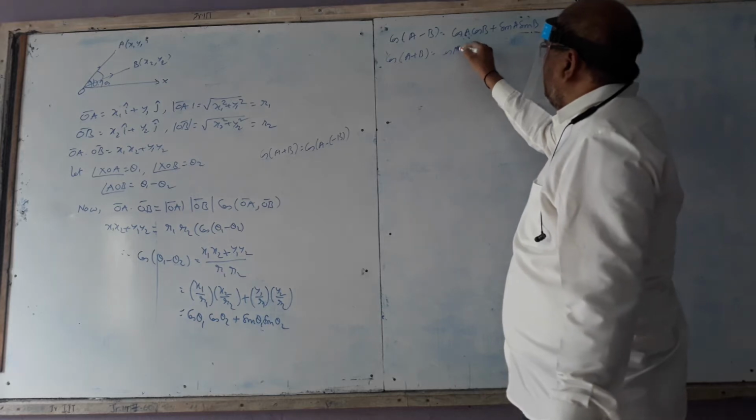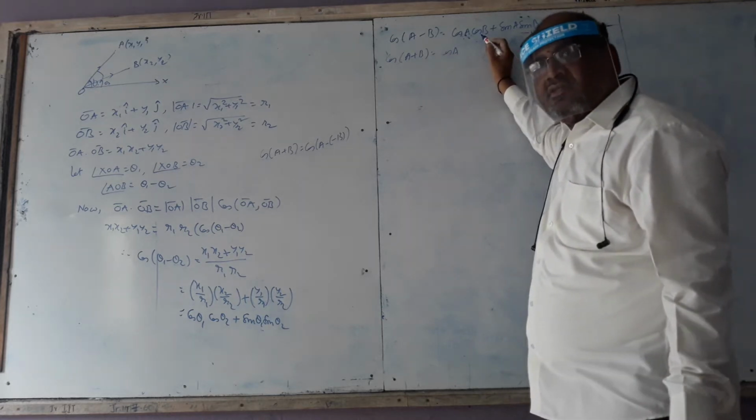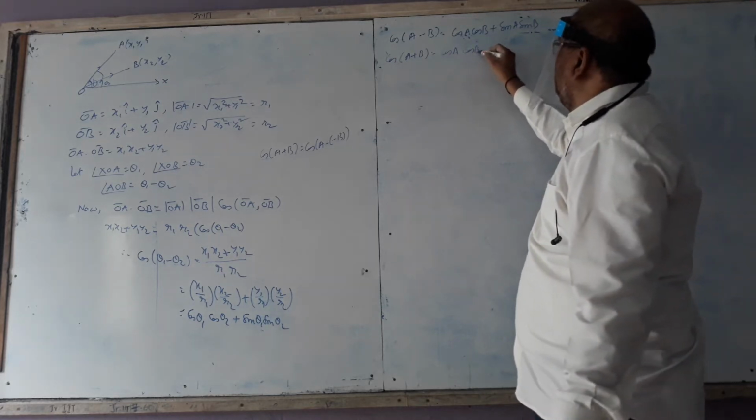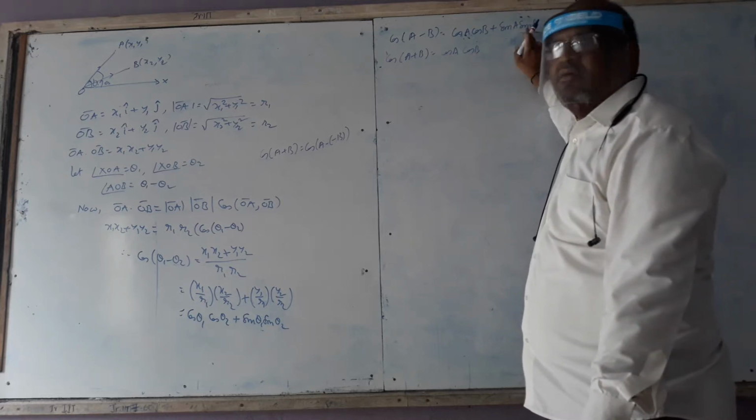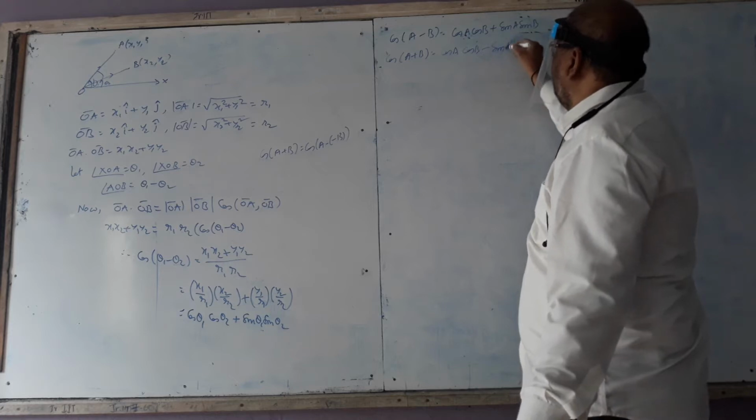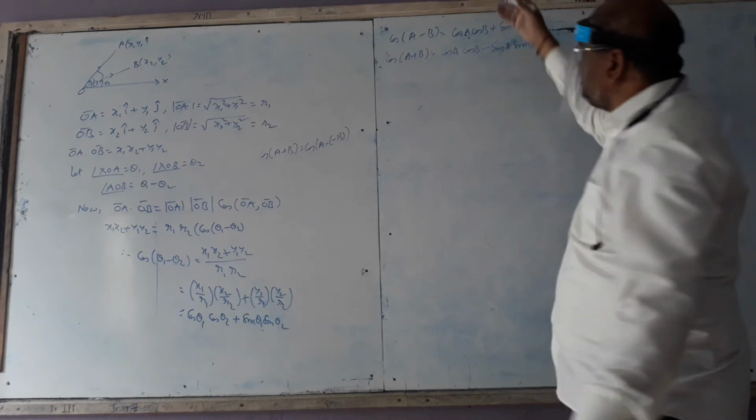Cos A cos of minus B, which is cos B, plus sin A into sin of minus B, which is minus sin B. So I put minus sin A sin B. So it is an application of cos A minus B.